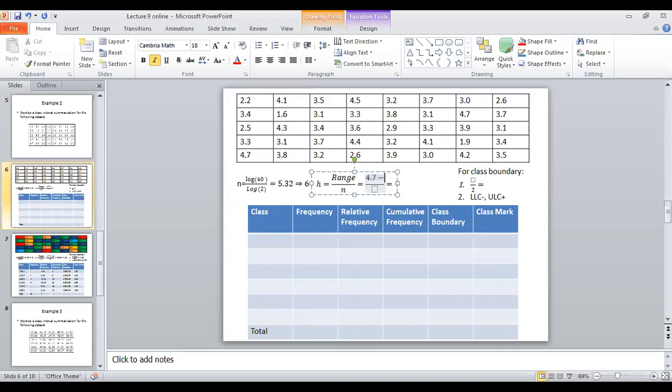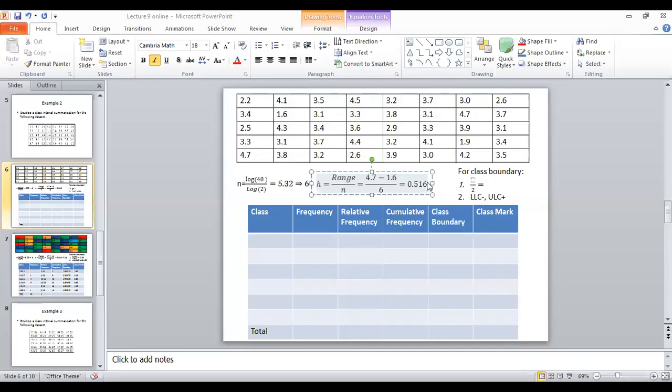So 1.6 appears to be the minimum value in the data set. The number of classes is 6 that we have already decided upon. When we calculate 4.7 minus 1.6 and divide by 6, we get 0.516.